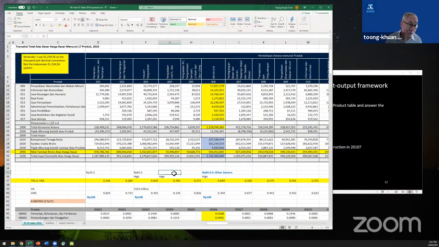This is from an economics perspective, not from a social perspective. Socially, you may do other things, but from an economics perspective, this is what the government is trying to do. And understanding input-output tables gives you a very clear view of what works and what does not work.